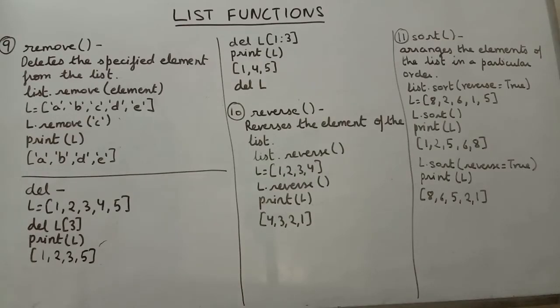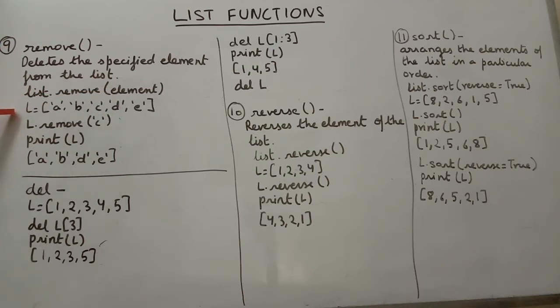The next function is the remove function. This function deletes the specified element from the list. The syntax of this function is list.remove, and within parentheses we specify the element that has to be deleted. One thing has to be taken into consideration: if the element is not present in the list, it will provide an error. Let's take an example.